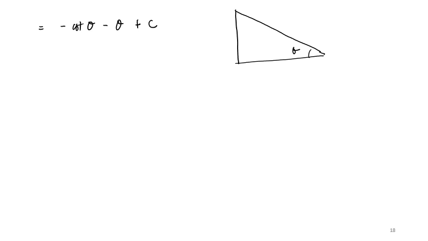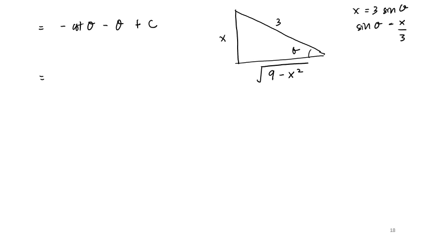So earlier you defined x equals 3 sine theta. So sine theta equals x over 3. So sine is opposite over hypotenuse. So this is x and this is 3. Thus the adjacent side of this triangle is the square root of 9 minus x squared.